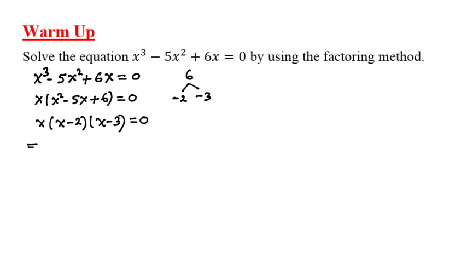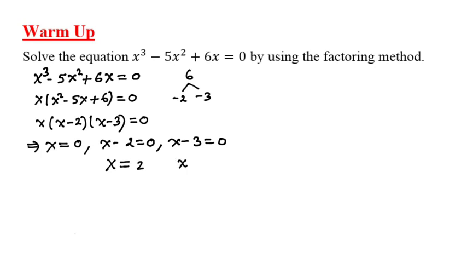So from here you can say either the first factor is 0, or the second factor is 0, or the third factor is 0. From the first you already have x equal to 0. From the second we get x equal to 2.